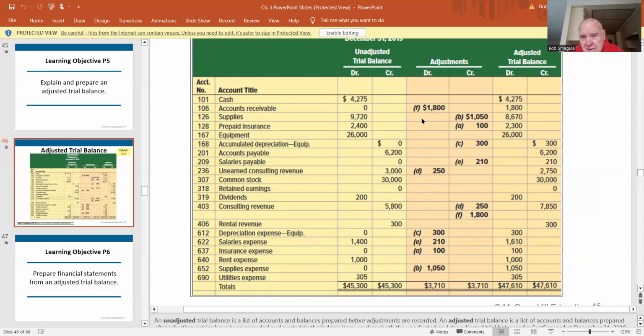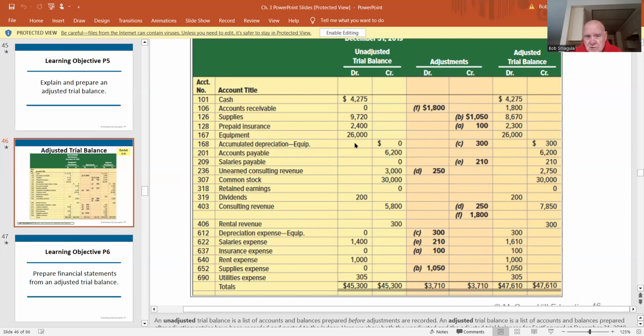So you credit the supplies. You are just going to take the unadjusted trial balance numbers and debit and credit your way across to the adjusted. Prepaid insurance, it was $100 a month. The asset's down to $2,300. Notice there's no adjustment for equipment, nor would there ever be.